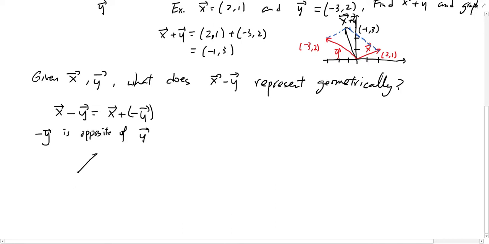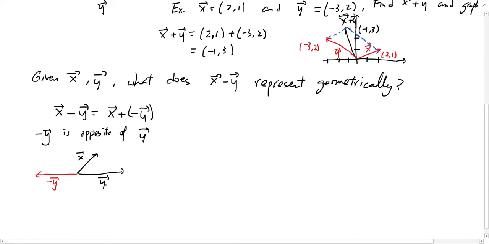Let's consider we have vector x, and let's say here's my vector y. If I want to add x to negative vector y, the first thing I have to do is define negative y, which is basically the opposite of y. If you draw it correctly, negative y and y should form a line. But negative y also has to have the same length as positive y, just going in the opposite direction.